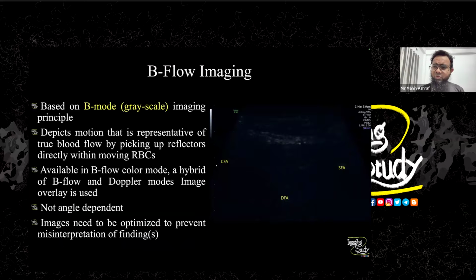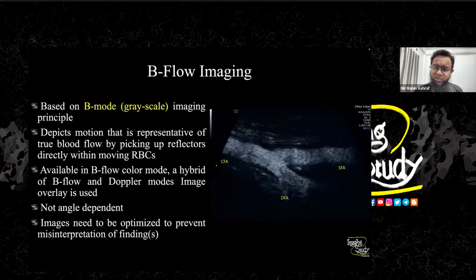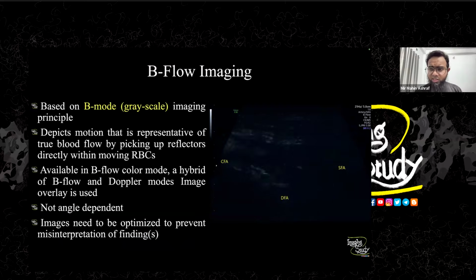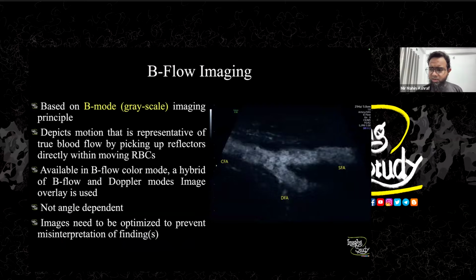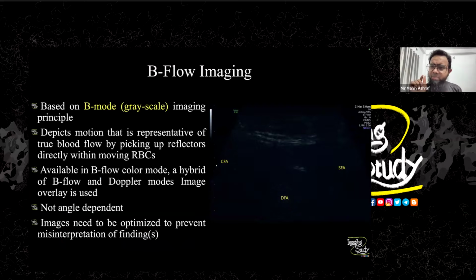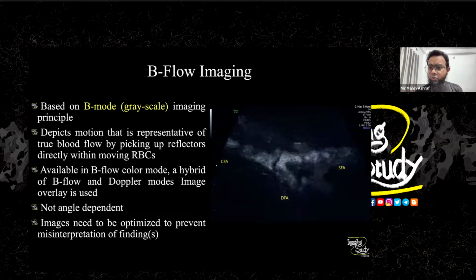So we have other different advanced options like B-flow imaging. I don't know what the B-flow option is called in other machines. In my GE machine, it is known as the BF option. BF is not for the boyfriend. This is B-flow imaging.